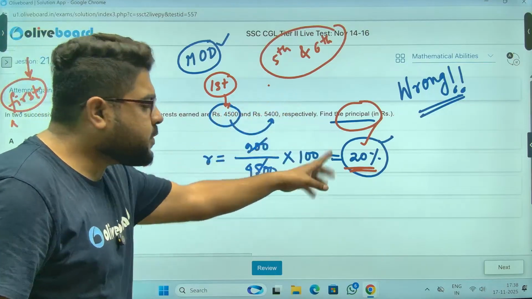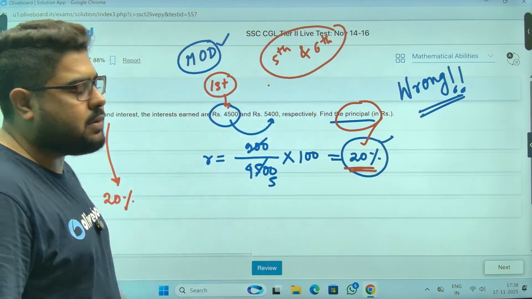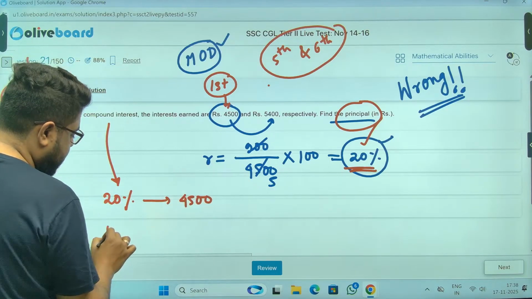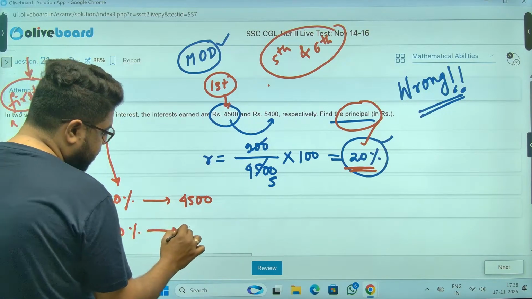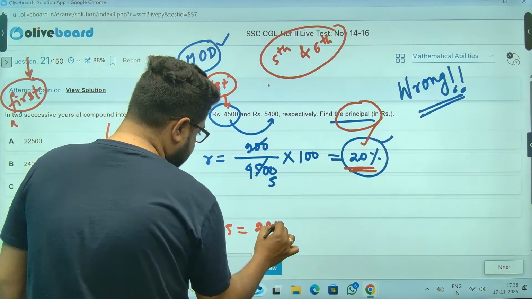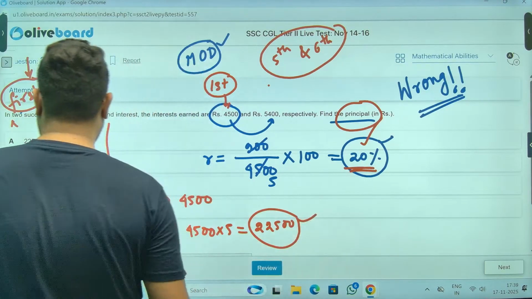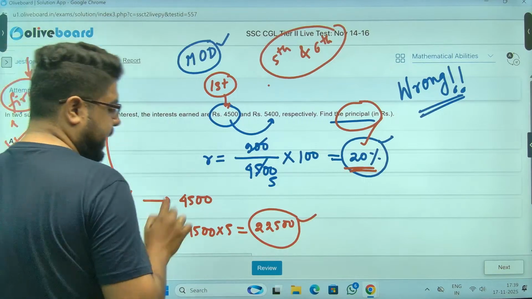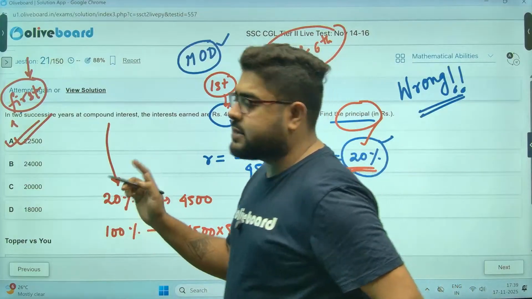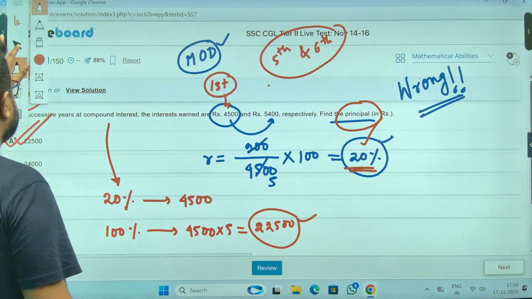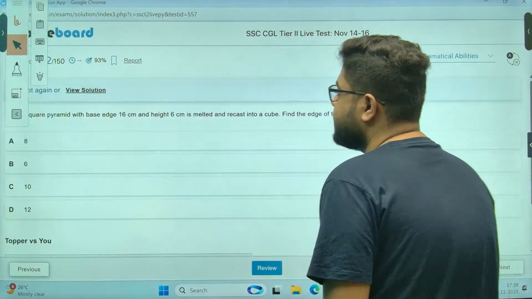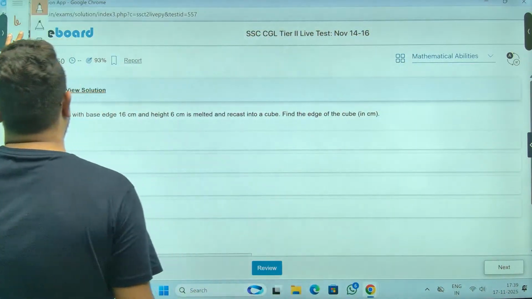First year interest will be 20% itself because only 1 year has gone by. 20% is 4,500, so 100% is the principal, which is 4,500 into 5, so 22,500. Option A. But again, technically, the first 2 years has to be mentioned. Otherwise, it is wrong. But this itself is the answer.